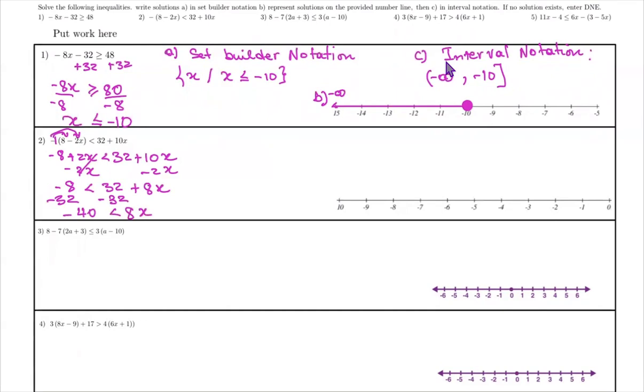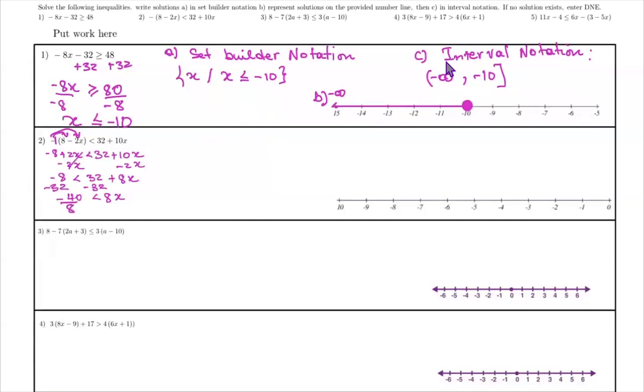And then if we divide both sides of this inequality by 8, we'll get -5 is less than x. So we have -5 less than x as the final inequality.